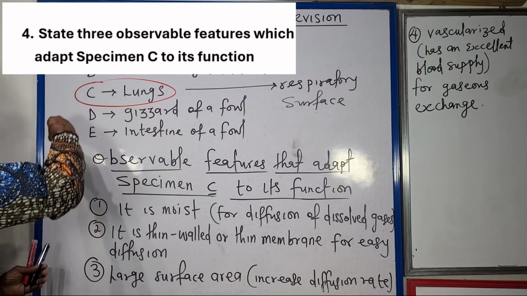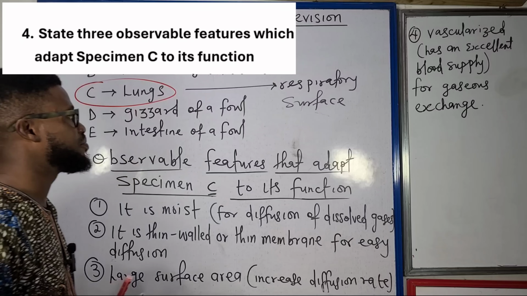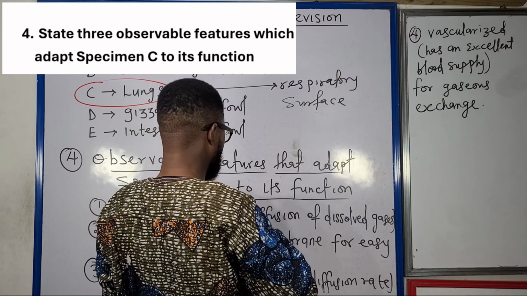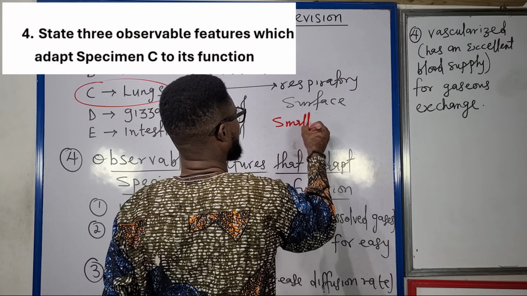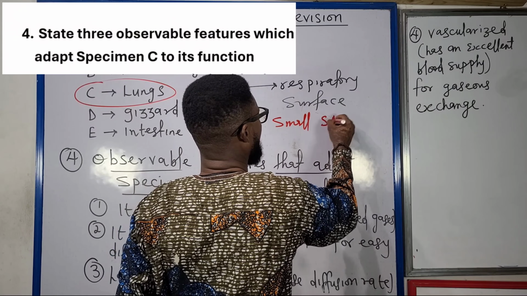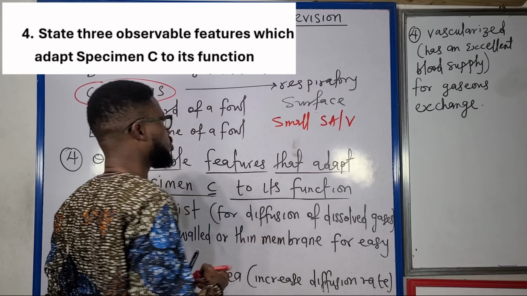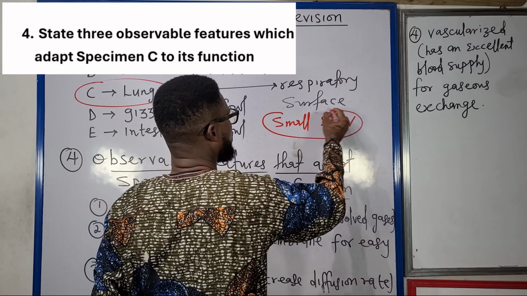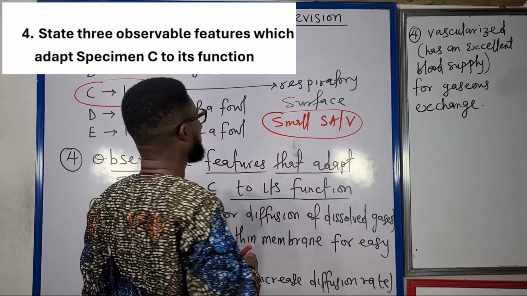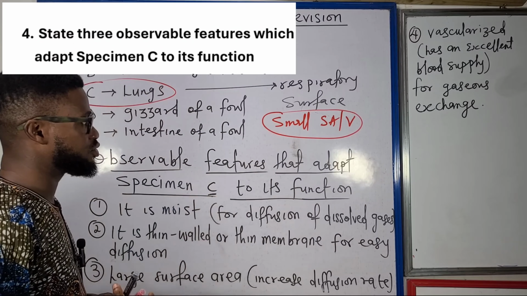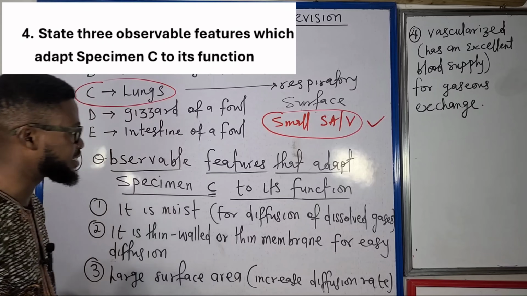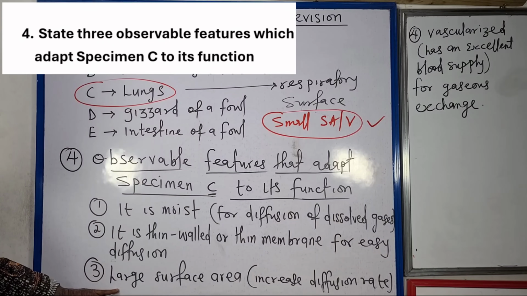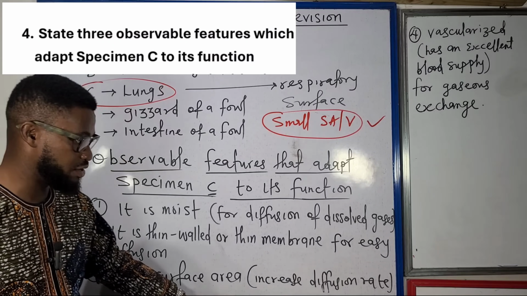Remember, the reason why the lung is there is simply because the organism has a small surface area compared to volume. This is a problem for most complex organisms. So the lungs are there to take care of this problem, conferring on the organism a large surface area.